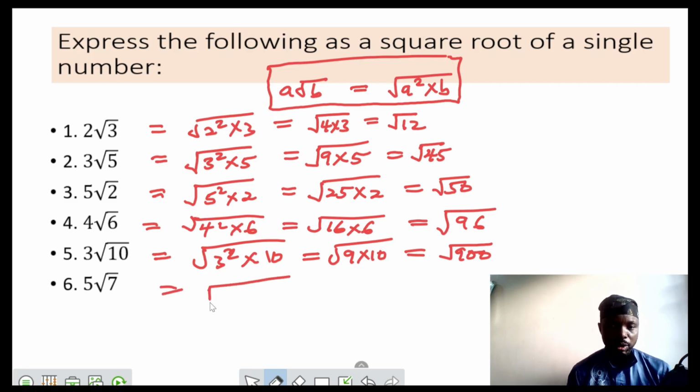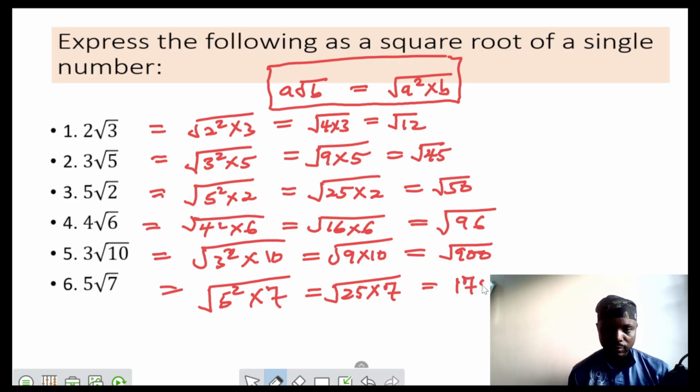When the 5 wants to enter the root, it will carry a square, times 7, and you have 25 times 7, and 25 times 7 will be 175. So that's how to reverse something, and you can also simplify this one back to the simplest surd. All right.